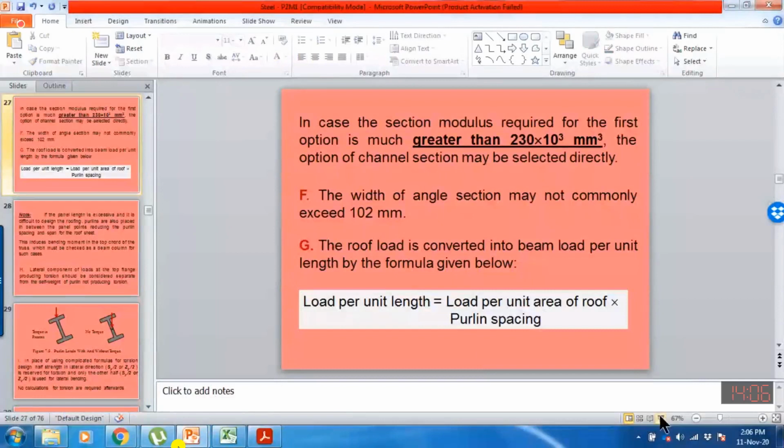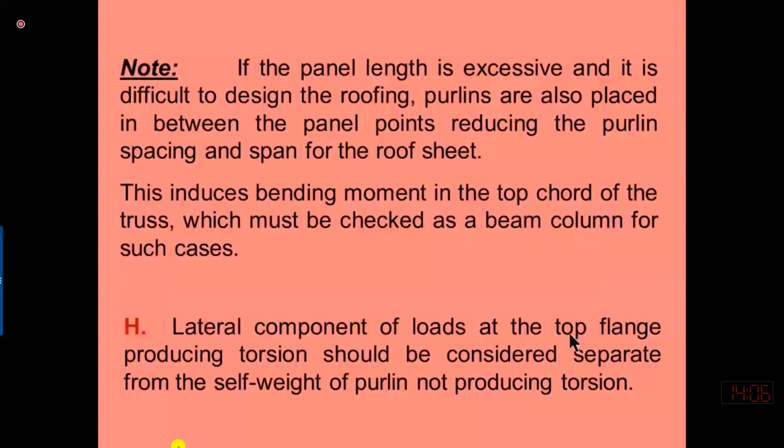Note: what if the panel length is excessive and it is difficult to design the roof sheeting? Purlins are also placed in between the panel points to reduce the purlin spacing and span for the roof sheeting. So this induces bending moment on the top chord. Let me explain what it's saying.